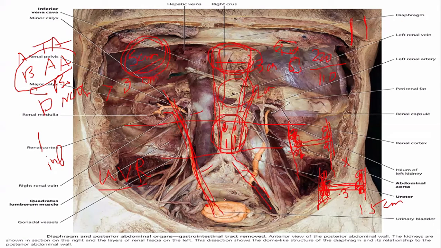Okay. If it is stage 1, it is only reflux going here. But if it is stage 2, you notice it will go up for the reflux. Stage 3, it will be reflux with dilatation. Stage 4, severe dilatation. So stage 1 and stage 2, when it goes up, there is no dilatation of the pelvic junction.